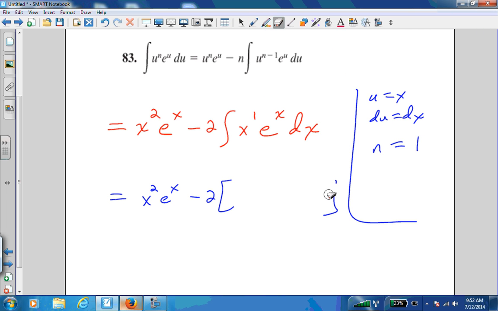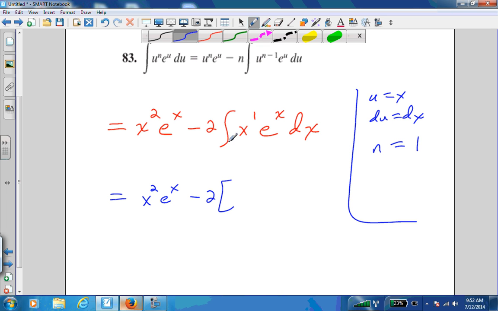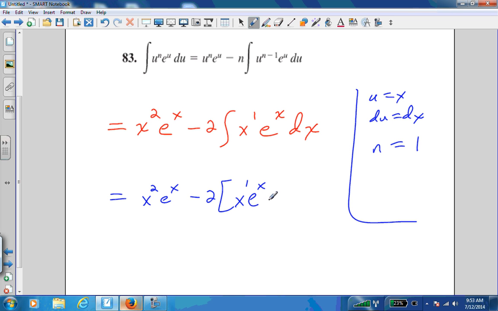So I'm probably going to need more room than that. So this part integrates into u, which our u is x, to the n, e to the u, minus n, times the integral of u to the n minus 1. This time our n is 1. 1 minus 1 is 0. e to the u du.